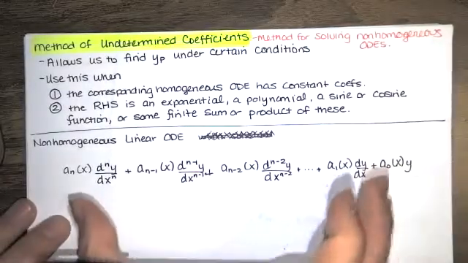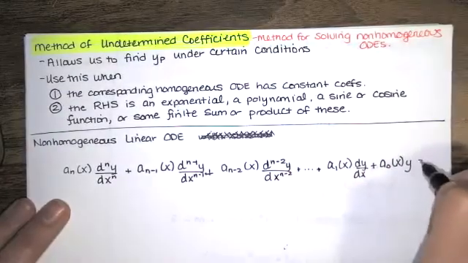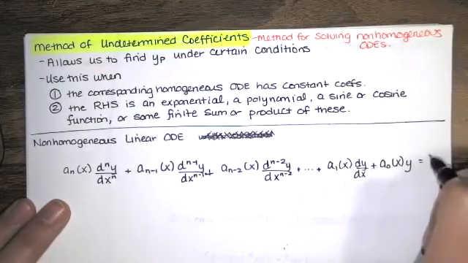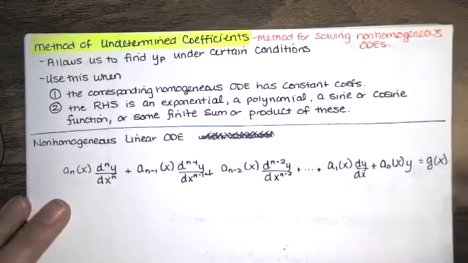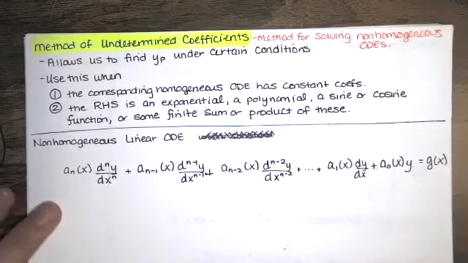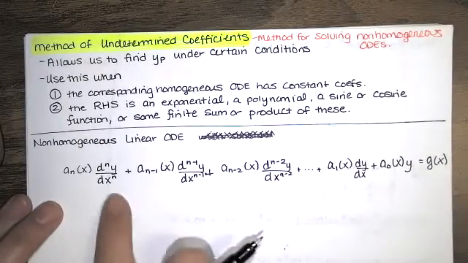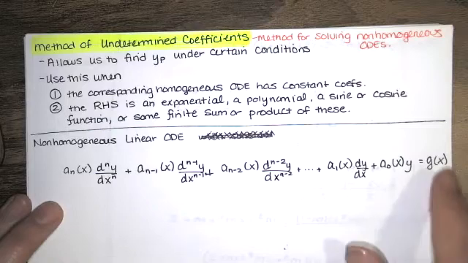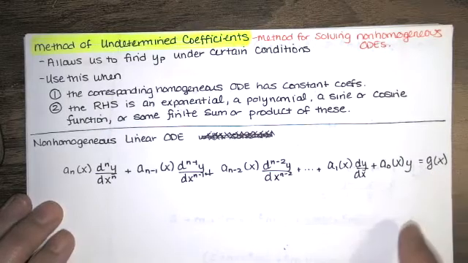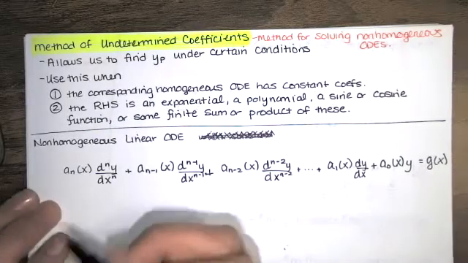If you have all of these on one side, and then you move all the functions involving your independent variable only to the other side, remember this is a linear ordinary differential equation. It's nth order, and it's non-homogeneous if that right-hand side g of x is not equal to 0.